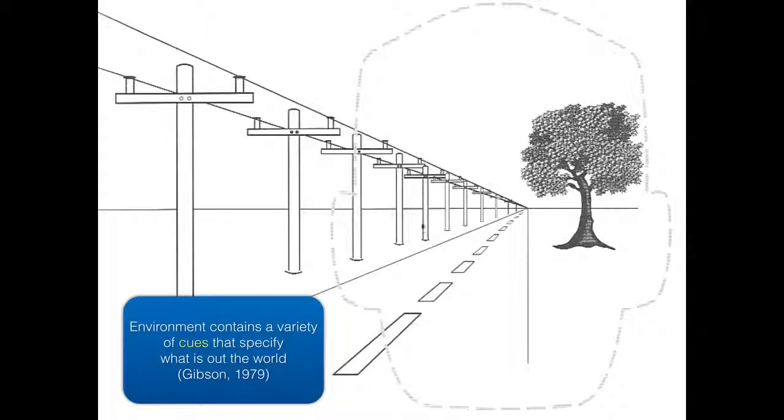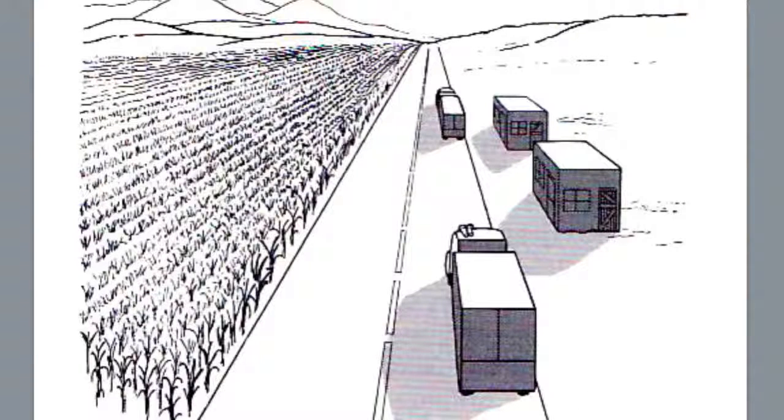So this one is closer, and this one is far away. This is an example of three-dimensional depth. It's called the object-centered cue.